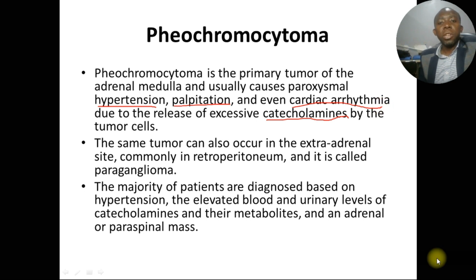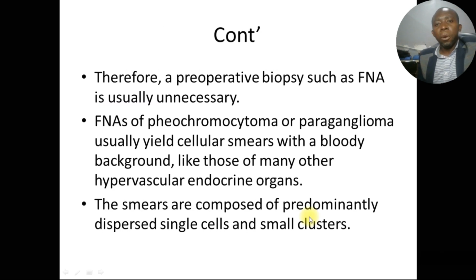So I was saying that the majority of the patients are diagnosed based on hypertension and the elevated blood and urine levels of catecholamines and their metabolites and the adrenal or paraspinal mass. So therefore, a preoperative biopsy such as an FNA is usually unnecessary in such cases, just like I mentioned before.